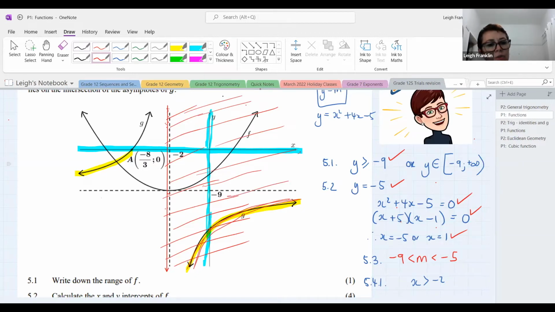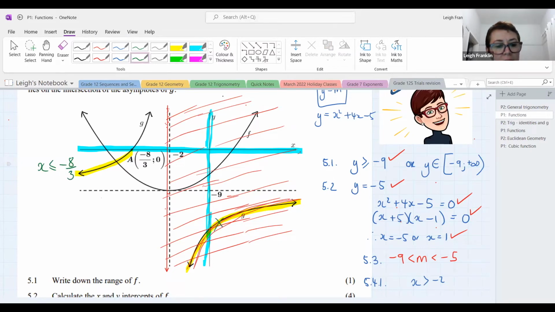Where x is greater than -2 is where the other arm is below the x-axis. Yes, that's exactly what we've done, Michelle. We've described both yellow parts. The yellow part up at the top describes x is smaller than or equal to -8/3.